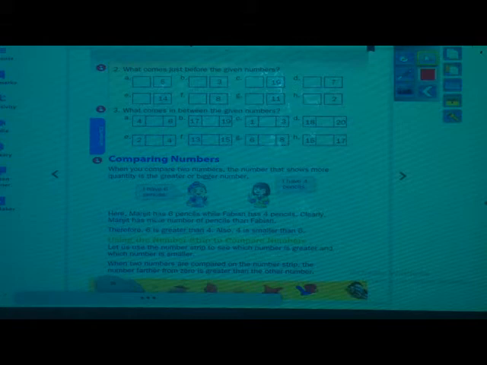Now here in the picture also you can see, this boy has 6 pencils and this girl has 4 pencils. Now if you compare 6 and 4, what will happen? Here Manjeet has 6 pencils while Fabian has 4 pencils. Clearly Manjeet has more pencils than Fabian.